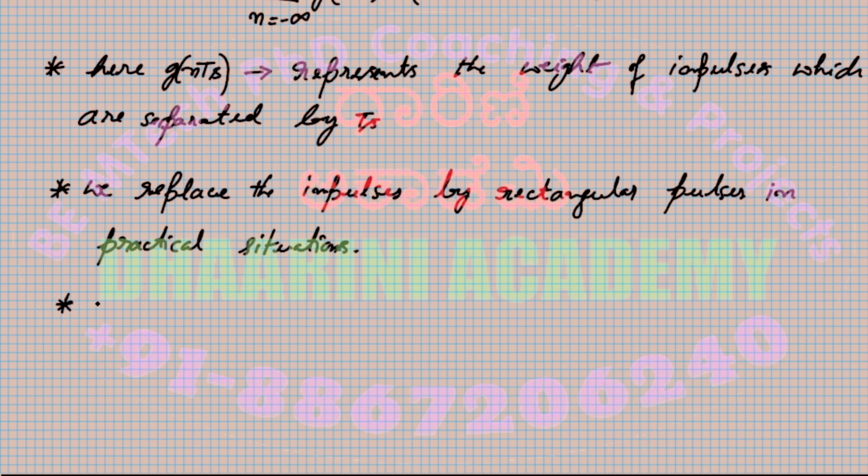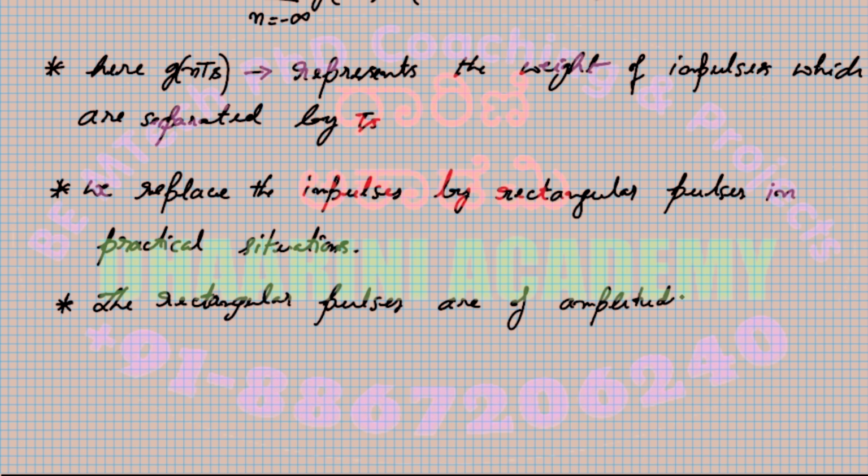So the rectangular pulses are of amplitude g of n Ts, that's the scaling factor once again, and they are of width equal to capital T seconds.